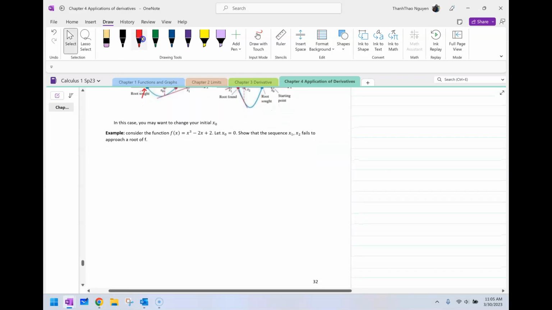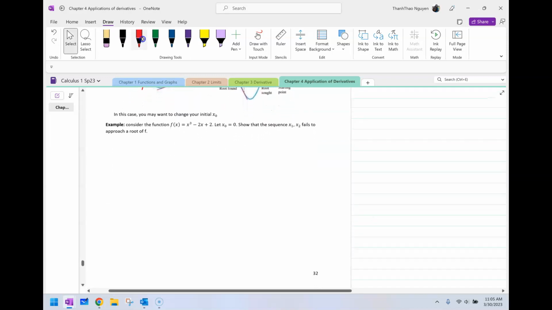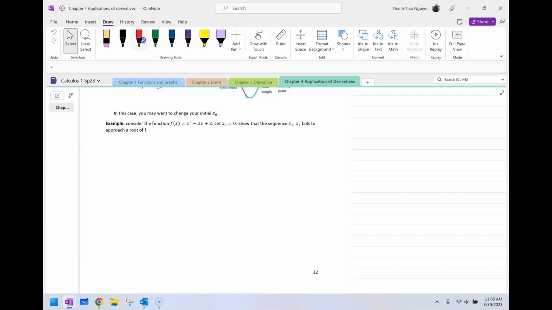Consider the function f of x equals x to the third minus 2x plus 2. Let x naught equal 0. Show that the sequence x1, x2 fails to approach a root of f. Let's start with f prime of x. f prime of x equals 3x squared minus 2.